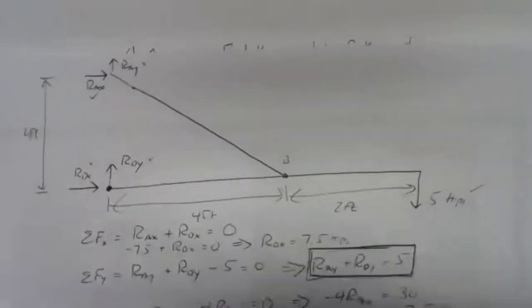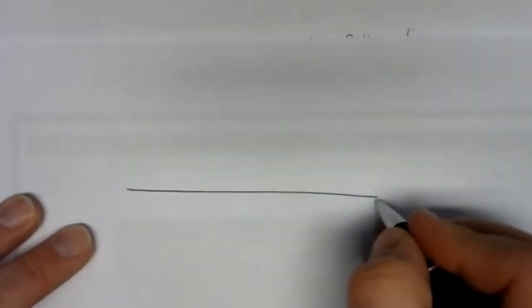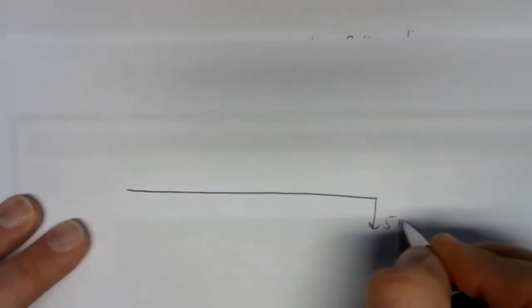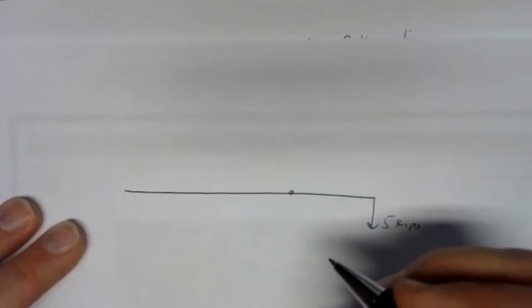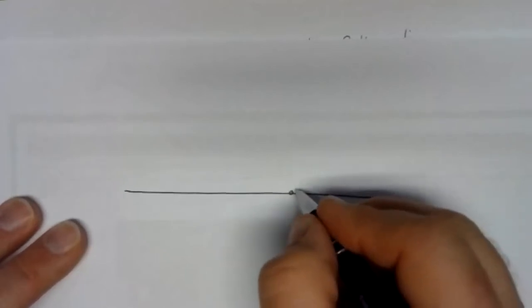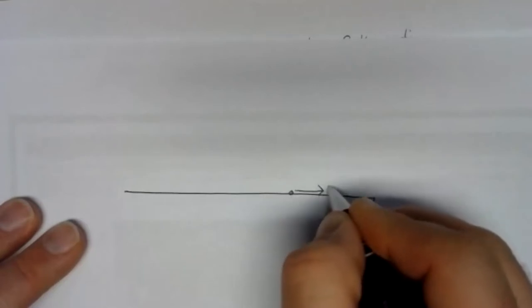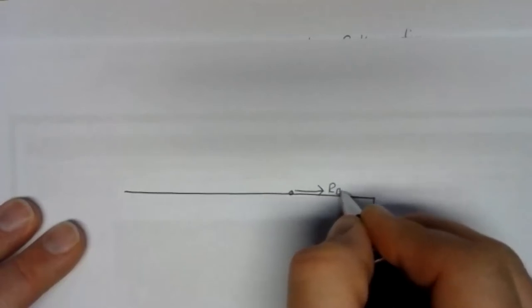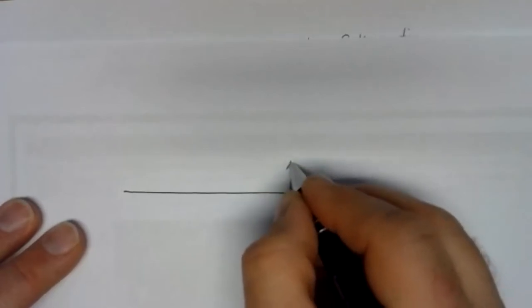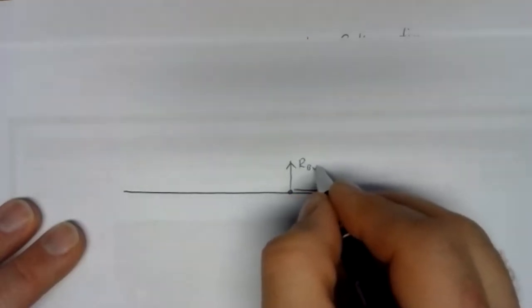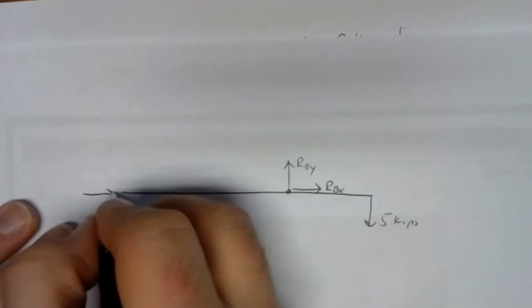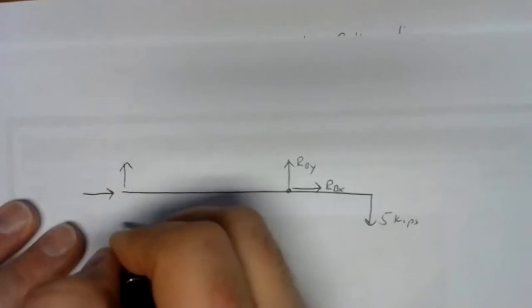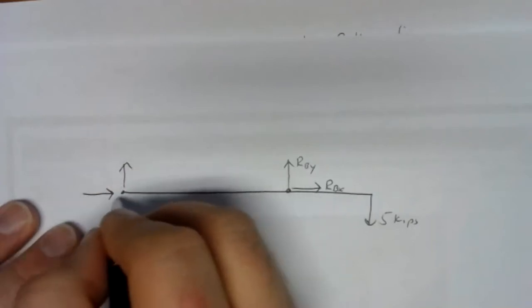So going over to another scrap page here, the horizontal member is going to look something like this. It's got its 5 kip force there. We've got B, and since I haven't used B in any free body diagrams before, I'm going to assume positive RBX and RBY. And then at D, I've already made assumptions about D, so I'm going to keep those because D is not a Newton's third law situation.